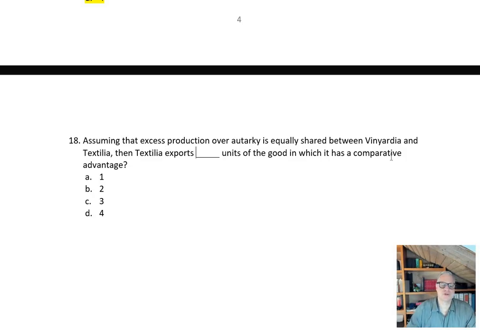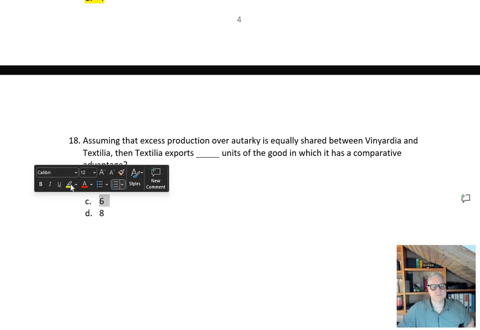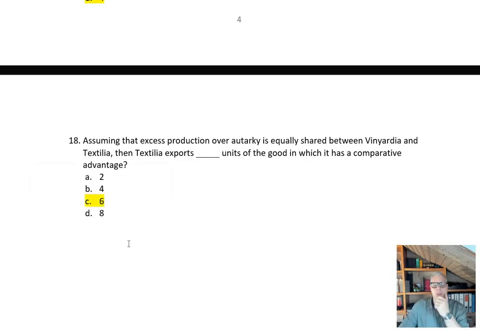This is a question about how many units they export, and that we know is 6, which is not any of the answers yet. Let me quickly change that. 4, 6, 8. So the answer is 6.